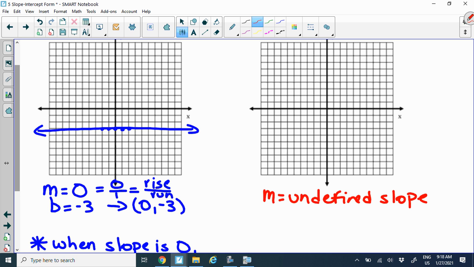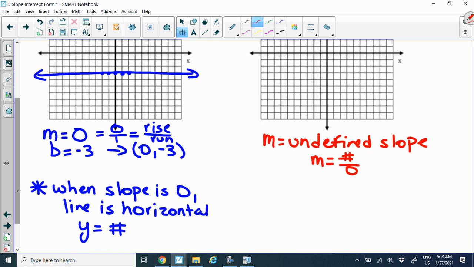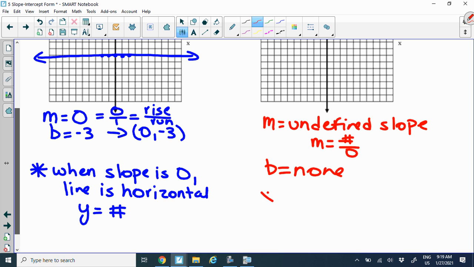Remember, an undefined slope meant that we have a number divided by 0. And remember, we can't divide by 0 because we can't put things in 0 groups. So that means our b, there is none, because we will not cross the y-axis at all. Instead, our line is going to be vertical.